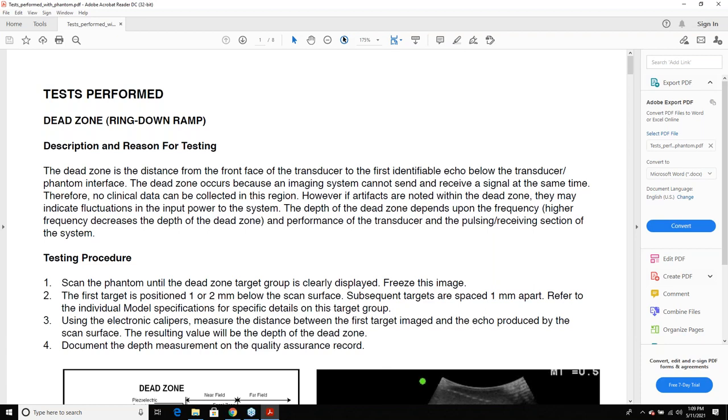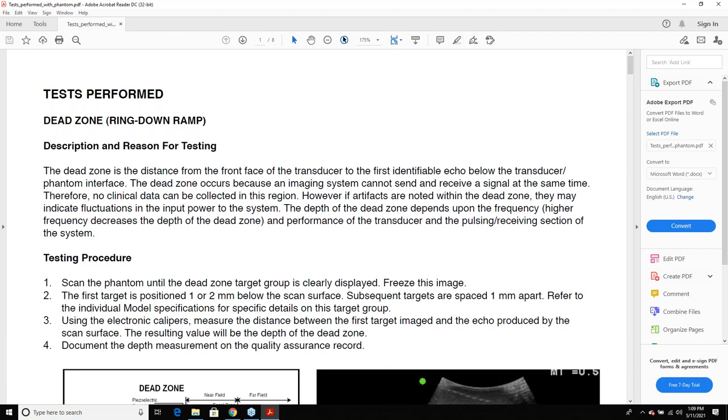Should you do this? I don't do it on every probe, but I will do it on a higher frequency probe. And you say, well, why? Well, because if you have a low frequency probe, do you care about your dead zone? No, because you're looking deep. That's why you're using a lower frequency probe.